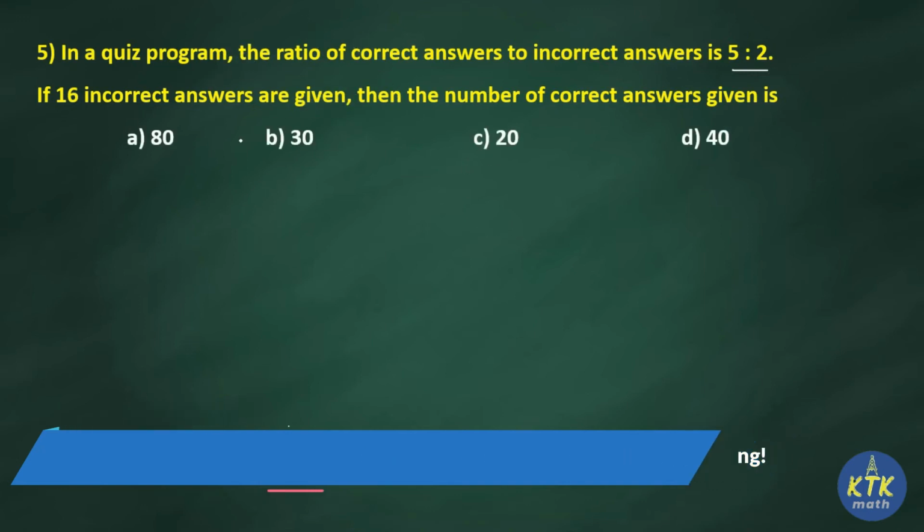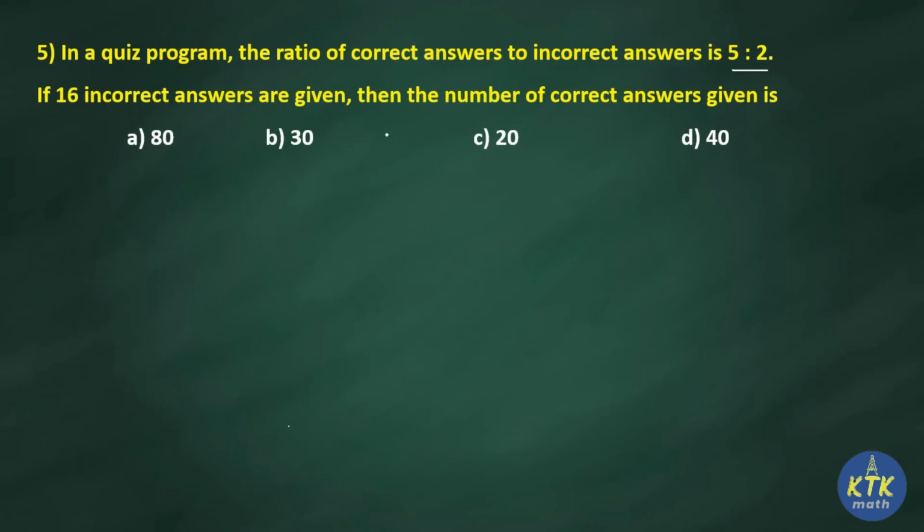So they gave the ratio of correct answers to incorrect answers, 5:2. The correct answer count is not given, so I am going to take it as x. How many incorrect are there? 16.